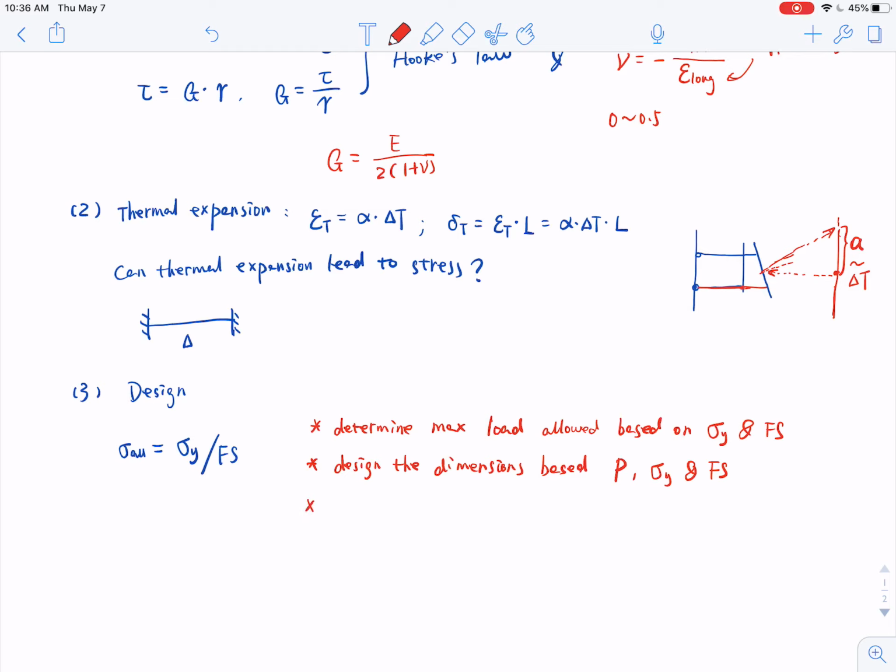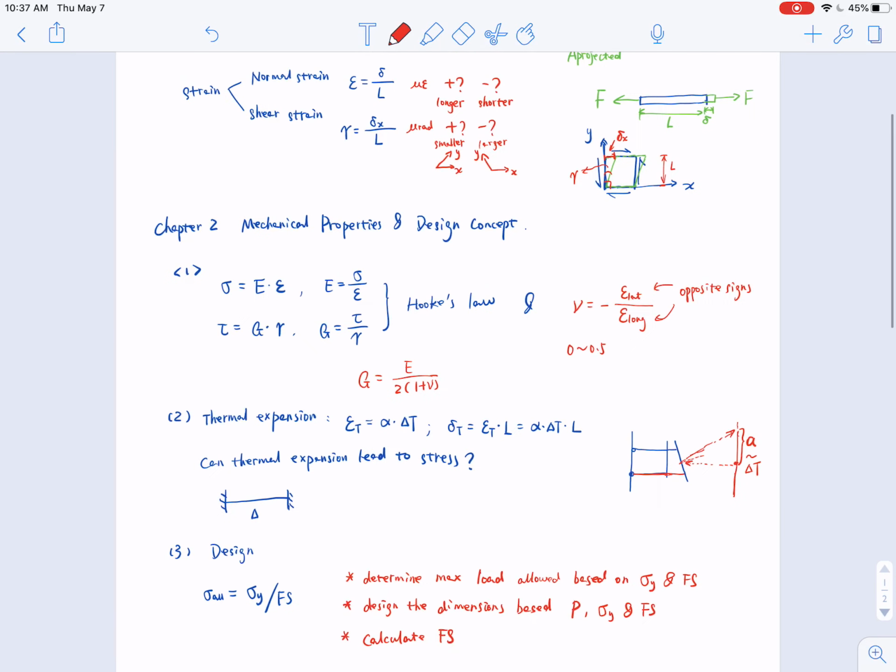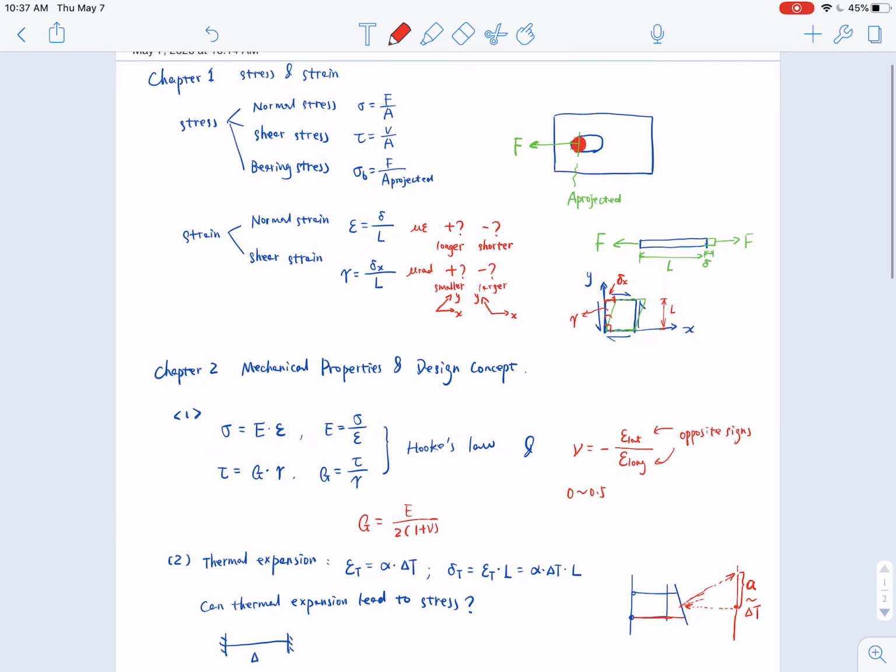Of course, sometimes you will be given the strength and loading, and so on, so you just need to calculate the factor of safety in the existing structure. Those are the possibilities of using the basic design equation. So those are the concepts and equations in the first two chapters.